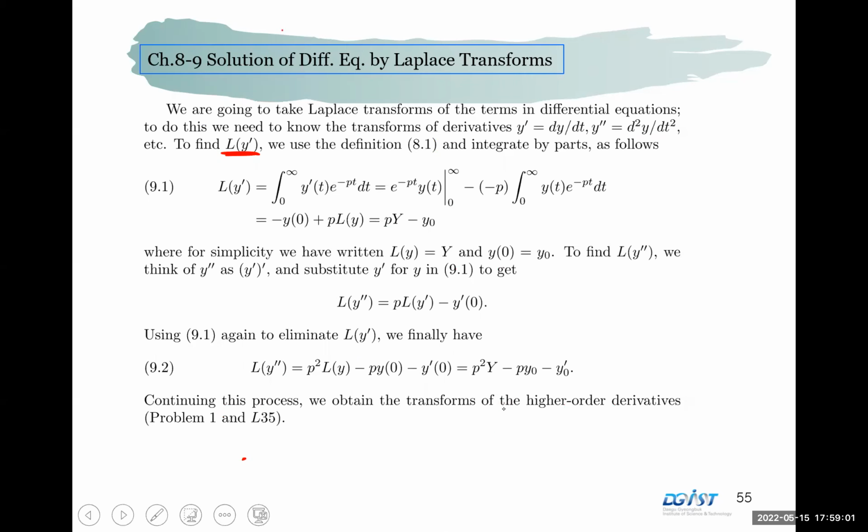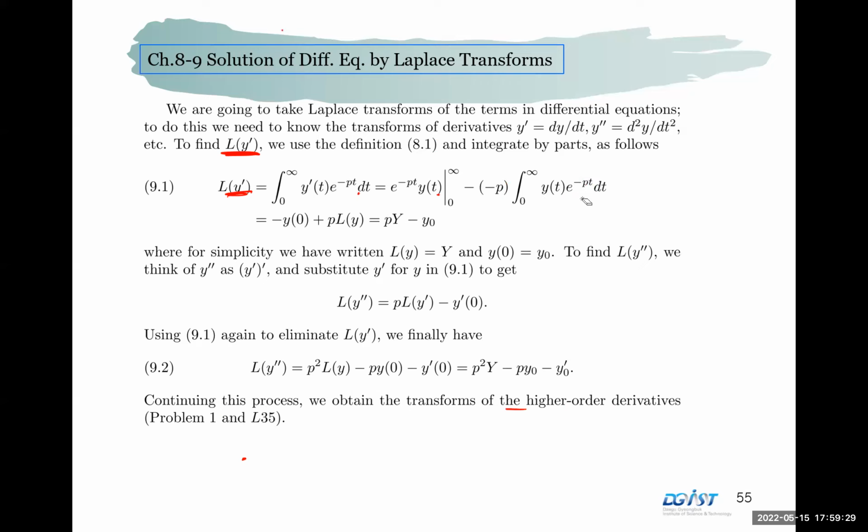Okay, so here is the Laplace transform of y prime. By multiplying by exponential minus pt, you can take the integral by parts. So we can take the integral for the first part, so we have y(t). And in the integral, we have y(t) multiplied by the derivative of exponential minus pt, so we have an extra minus p here.